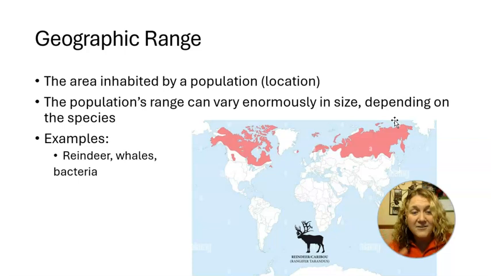So bacteria is so tiny that we can make their geographic range also so tiny that that's the location that they're located, and that is all that we're studying, okay? So the ecologists do have the ability to define the geographic range.